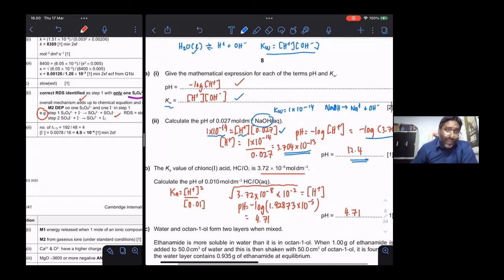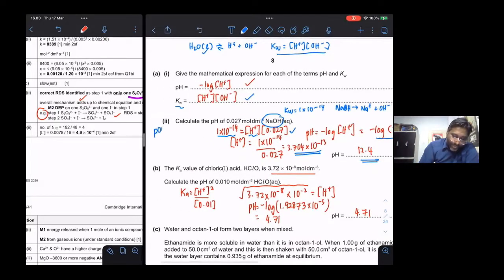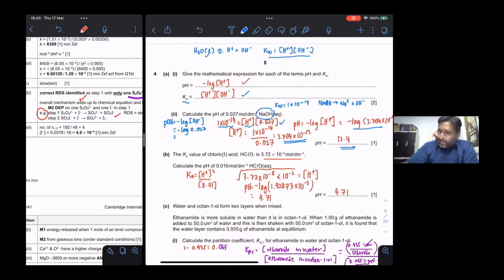There is another way to do this, which is to calculate pOH. pH is negative log H+, and pOH is negative log of the concentration of OH-, which is negative log 0.027. Let me quickly calculate for you. Negative log 0.027, you will get 1.57.